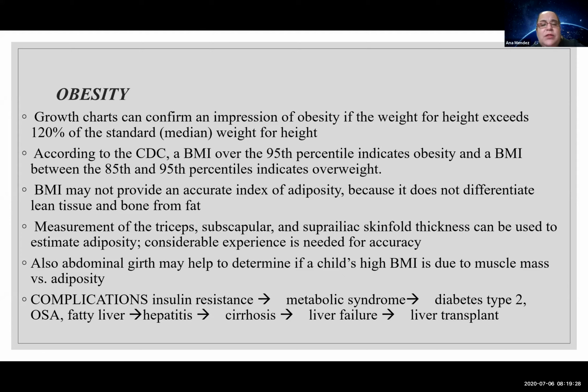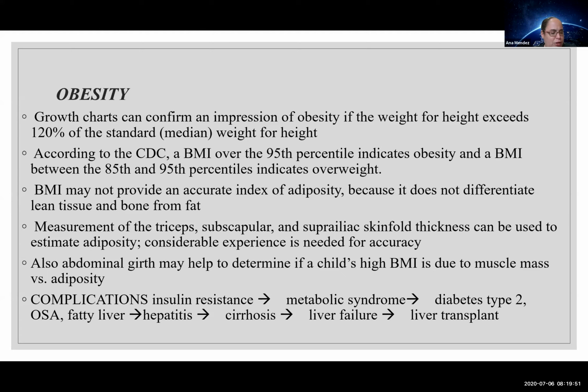Measurements of the triceps, subscapular, and suprailiac skin fold thickness can be used to estimate adiposity. Considerable experience is needed for this accuracy. That's why we don't do it regularly in clinical practice. Abdominal girth may also help to determine if a child's high BMI is due to muscle mass versus adiposity, and we do this in clinic.